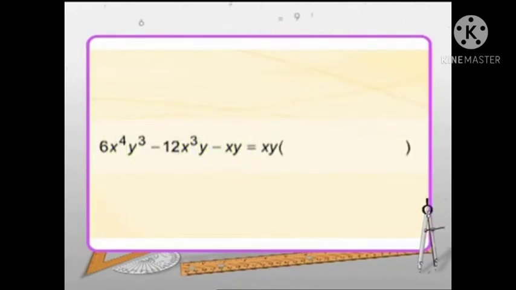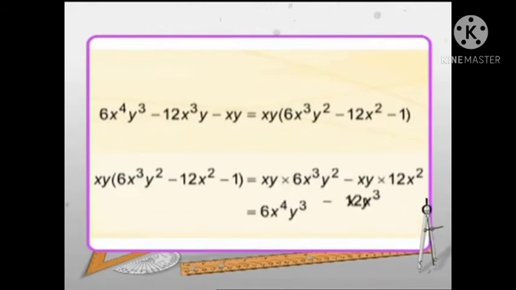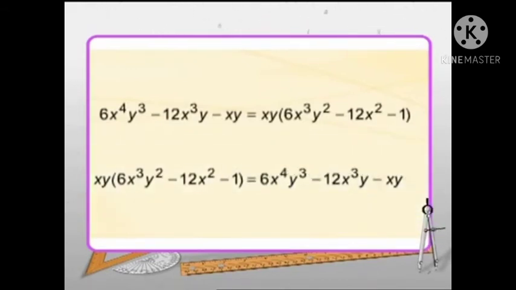Taking out xy, we get xy multiplied by 6x cube y square minus 12x square minus 1 the whole. Notice that by multiplying the common term to each term inside the bracket, we obtain the original expression back. This way, we can verify if the factorization done is correct or not. Here, the factorization is the reverse of expanding brackets.